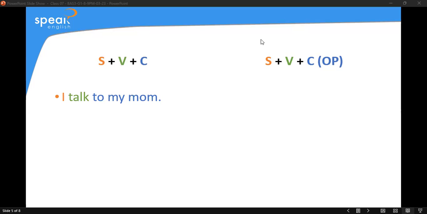For example, can you read this example, please, Maria Rivera? I told my mom. Okay, excellent. Now I want you to focus on this. My mom.